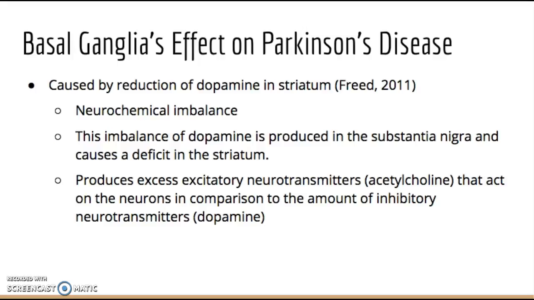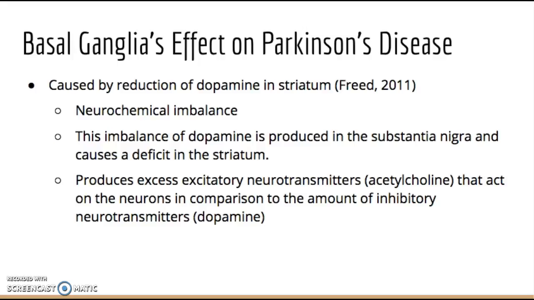This imbalance of dopamine, which is produced in the substantia nigra, causes a deficit in the corpus striatum, which, as mentioned earlier, includes the globus pallidus, the putamen, and the caudate nucleus.